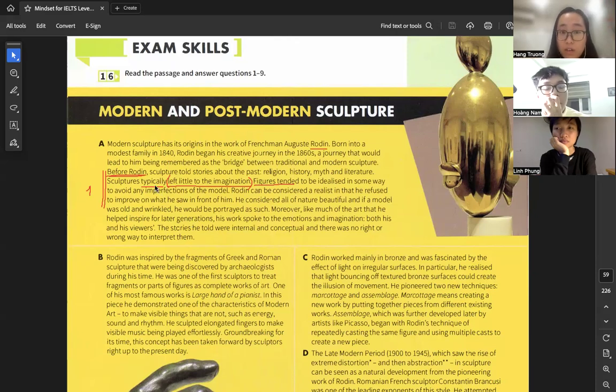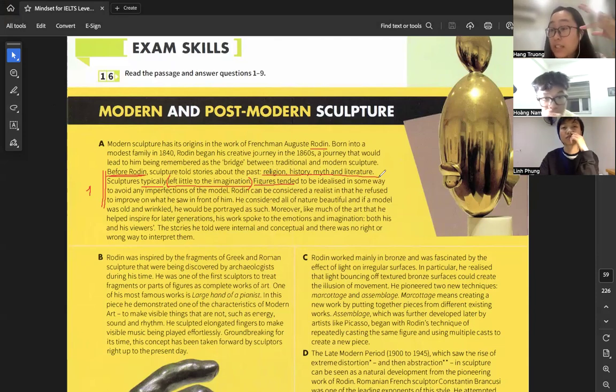Okay, trước Rodin thì những cái tác phẩm điêu khắc nó told stories about the past, and then these are very important clues here. History, religion, myth, literature, những cái thứ này có phải là real không? Are these considered realistic?